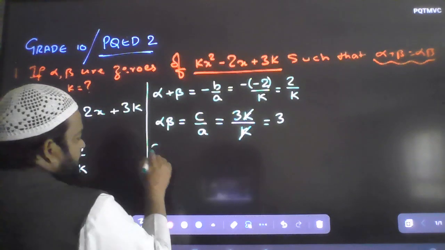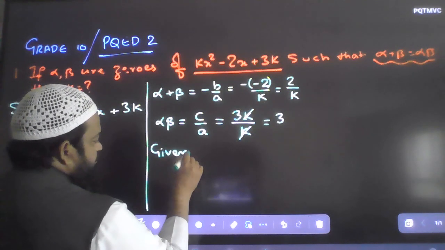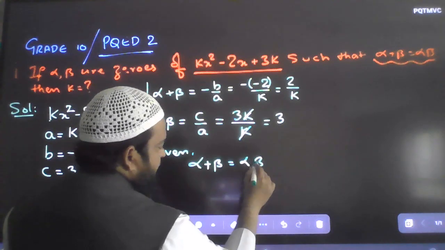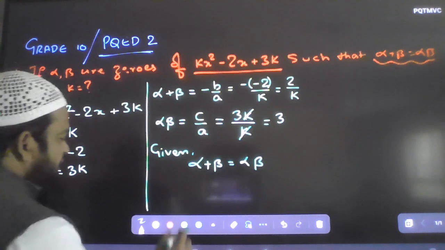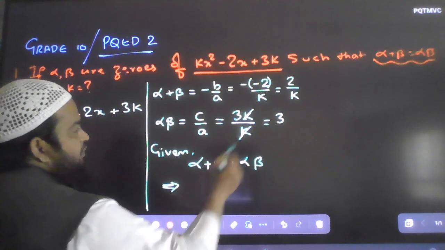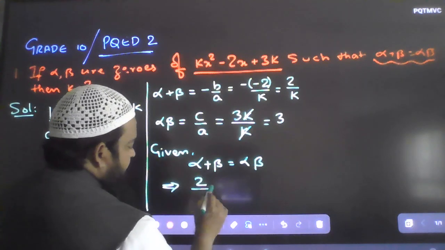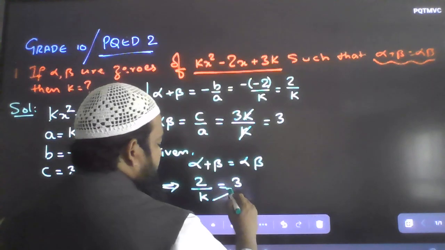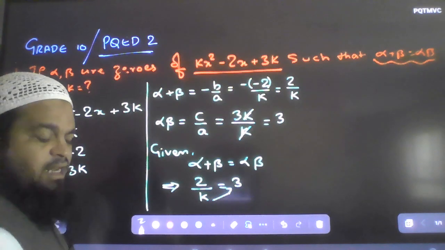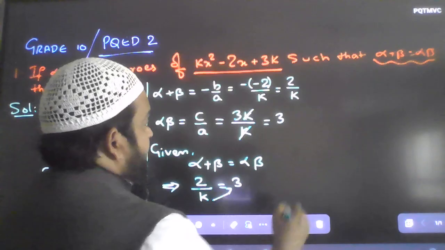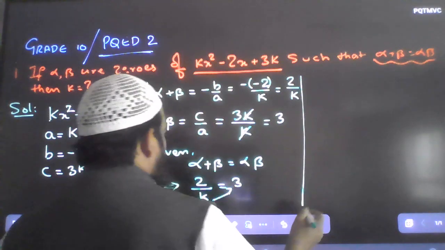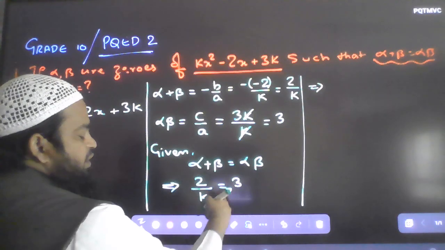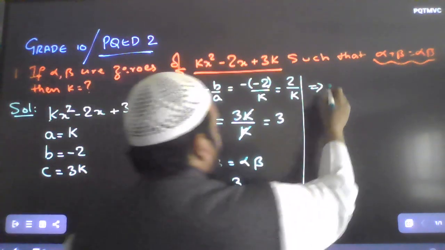Now, given alpha plus beta is equal to alpha beta, let us substitute. Alpha plus beta is 2 by k, and that equals 3. Now let us transpose k to the other side, since k is in the denominator. On the left hand side, 2 is left out.